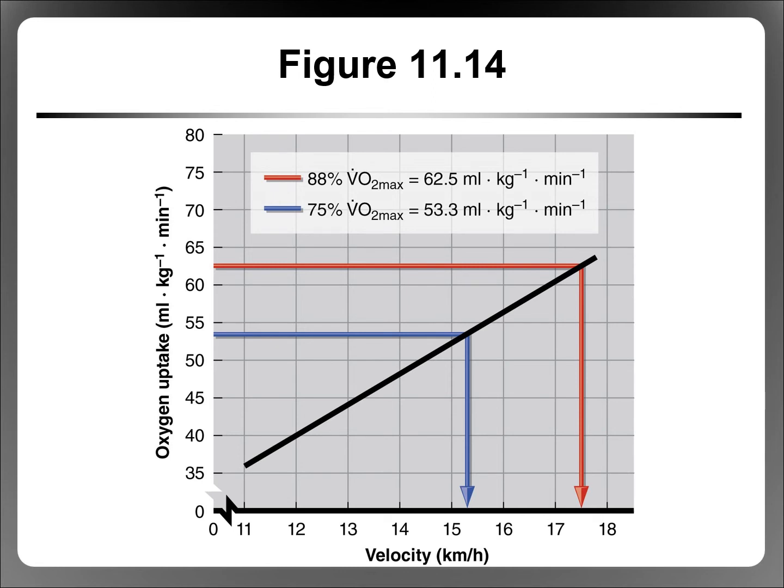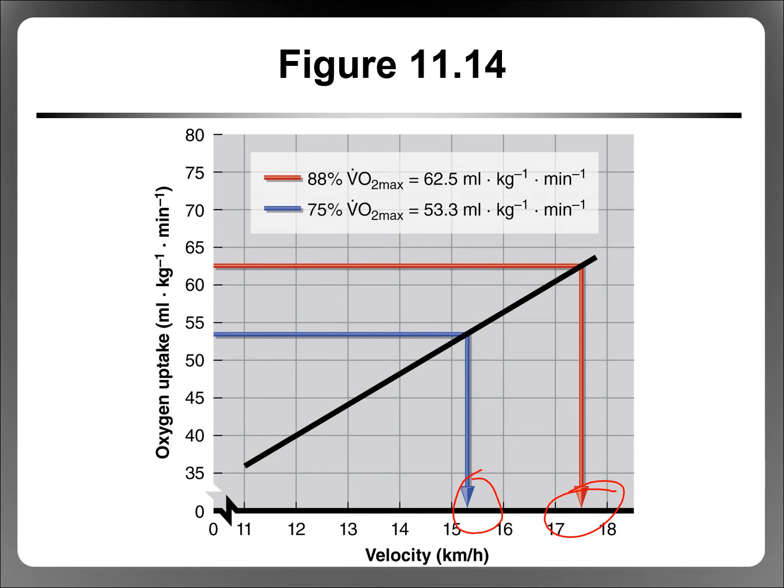This puts that individual at, we'll call it 15.5 kilometers per hour. If we can push them to 88% or 62.5, this puts them at around 17.5 kilometers per hour.